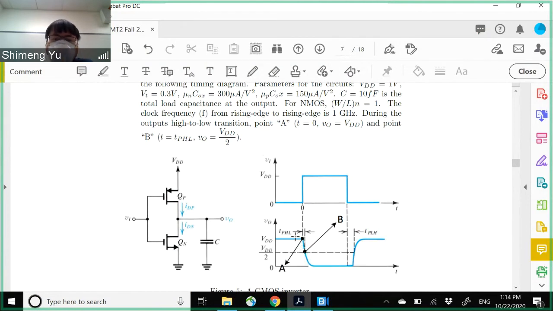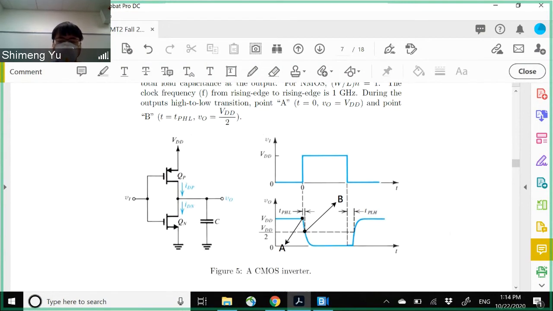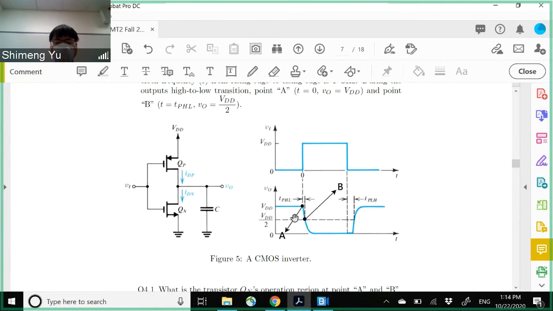This is what we assume for the tPHL, the high to low transition. The tPHL is defined as when the output voltage decreases to half VDD, 50%. And we have point A and point B, the starting point and the ending point, or initial state and final state in this decay process.